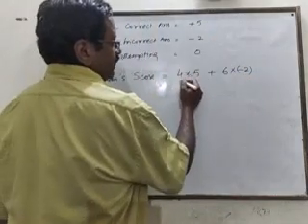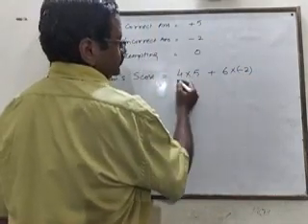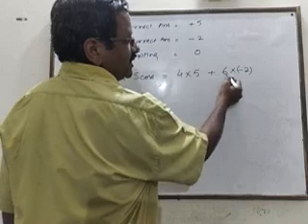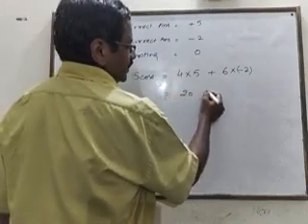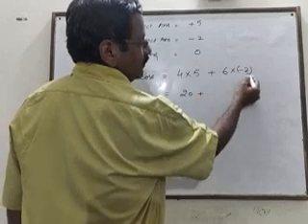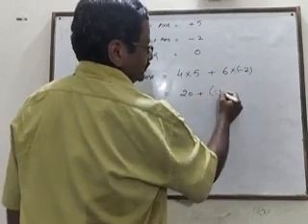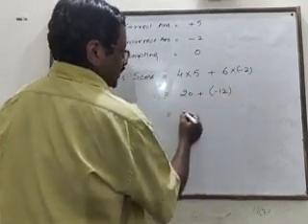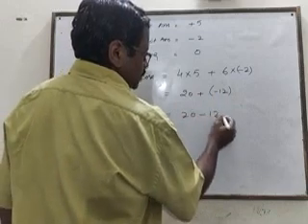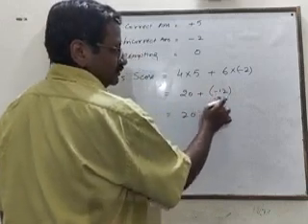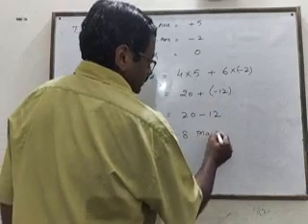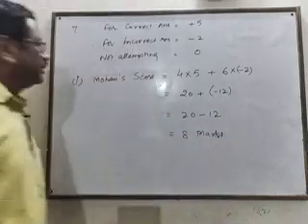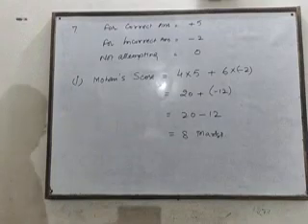So total score will be 4 into 5 plus 6 into -2. So it will be 4 5 are 20 plus it will become -12, and 20 minus 12, because combined sign, it will be 8 marks of Mohan.